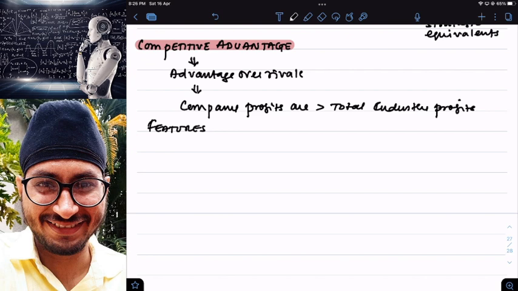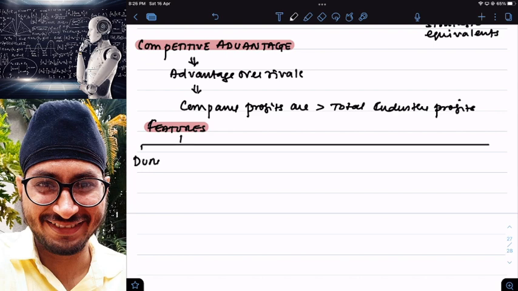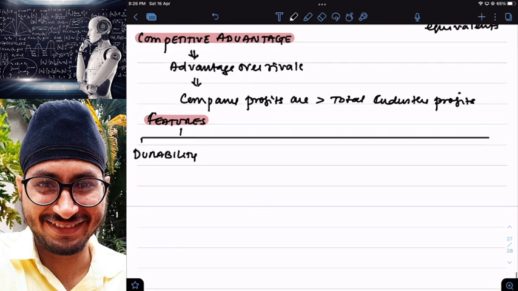And there are four features of competitive advantage. I repeat, four features. Number one, durability. Number two, transferability. Number three, imitatability.